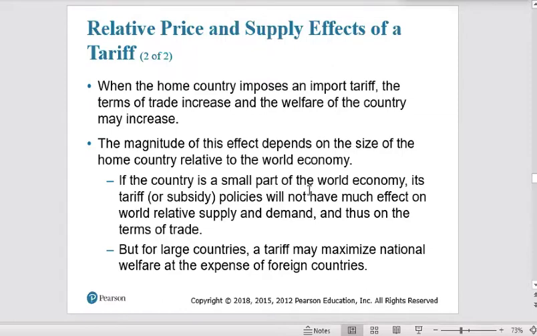Basically, there's not much impact on the world. Because the population in Singapore is not many, the rest of the world does not care whether Singapore demands more or less banana. It does not matter because it's such a tiny demand. It's not big in terms of the world's consumption. So if Singapore demands less banana, there will be little or no impact on the price of banana in the world.